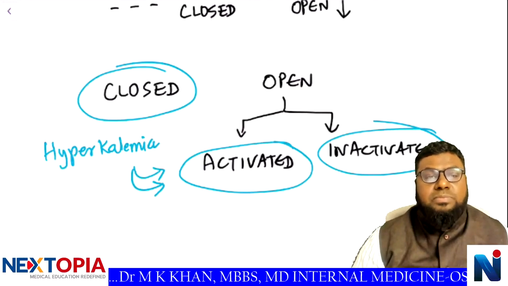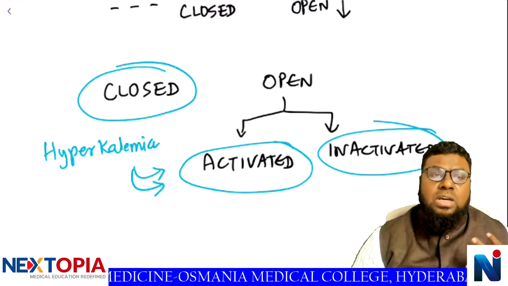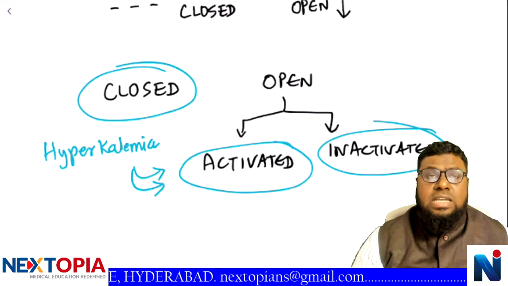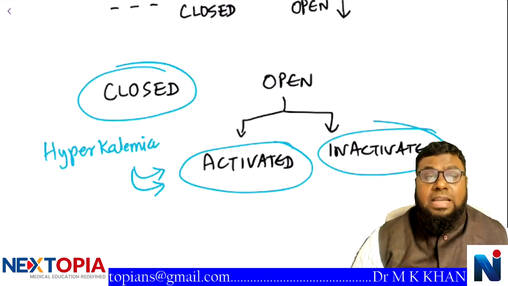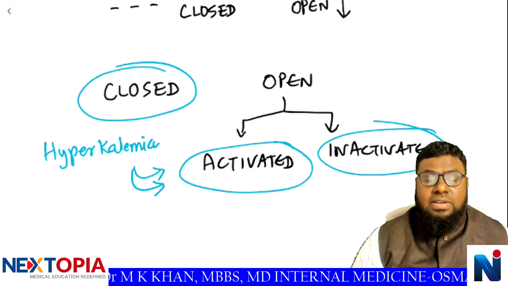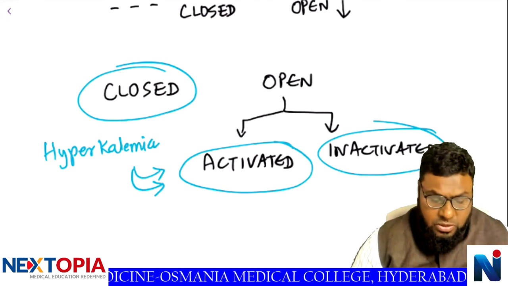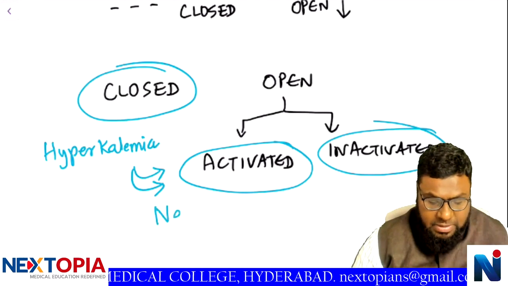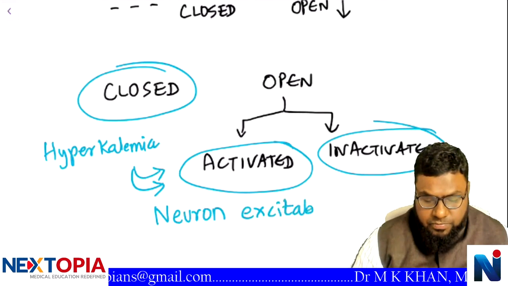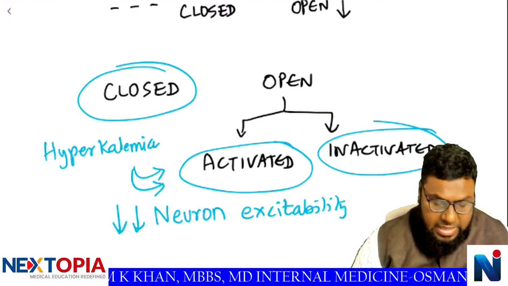Because of this, the fast sodium channel is unable to come back to the resting state, and this reduces the number of fast channels in a cell. Hyperkalemia reduces the number of fast activated channels, and because of this the neuronal excitability comes down. Neuronal excitability gets drastically reduced, as seen in hyperkalemia.